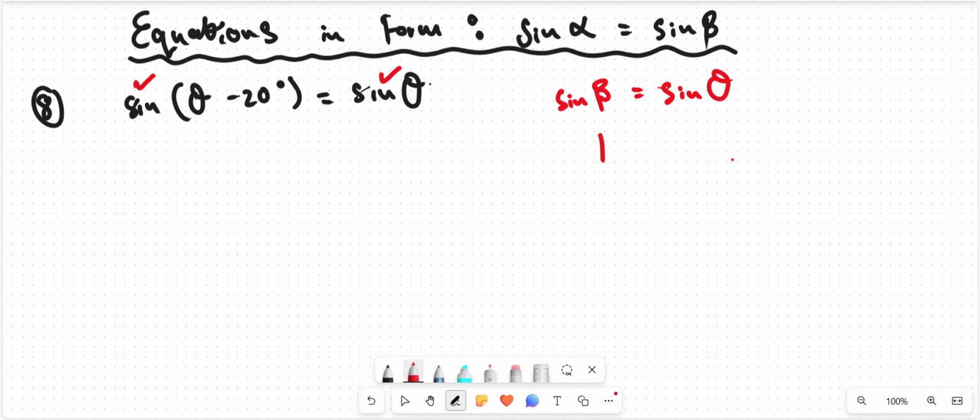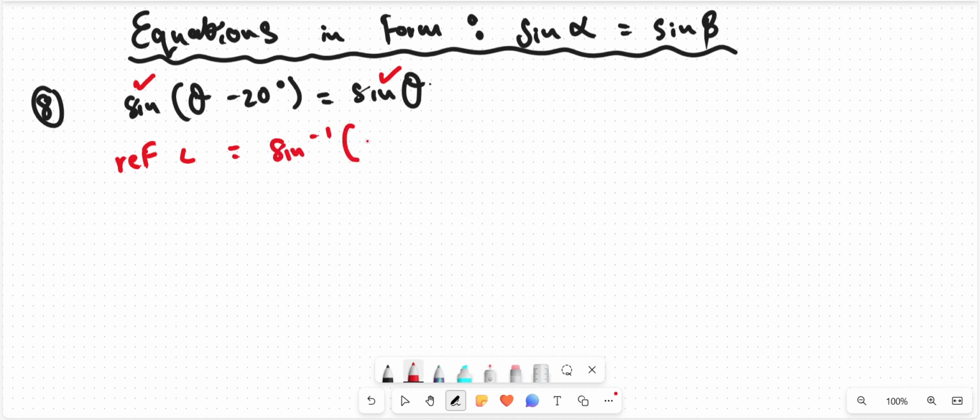So I'm going to take an inverse sin on the other side. My reference angle would therefore be the inverse sin of the sine of theta, and so my answer will be theta.